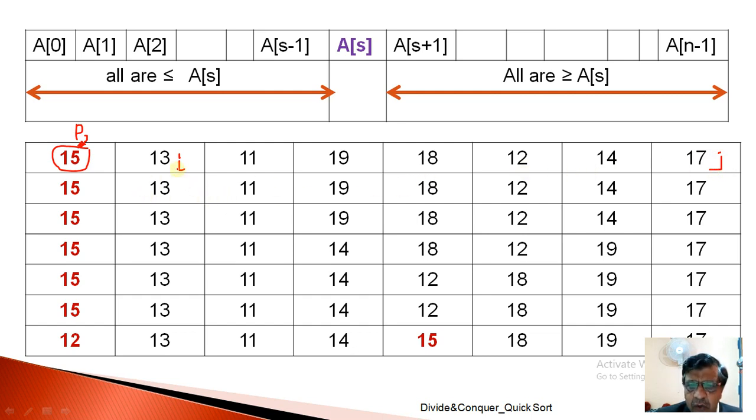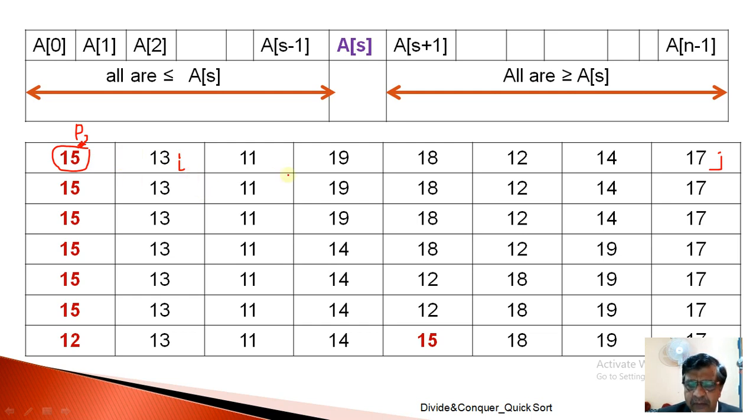I will go on moving, and it will stop if it encounters an element which is greater than or equal to the pivotal element. Then it will find a stoppage, and then j will start moving. j will move in the direction towards left, and it will stop if and only if it encounters an element which is lesser than or equal to the pivotal element.